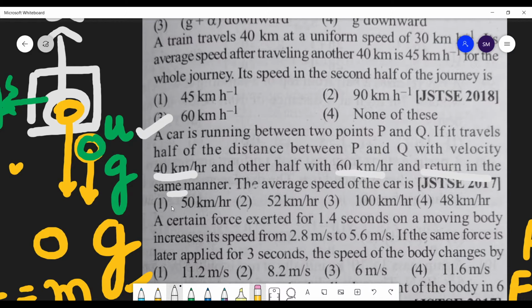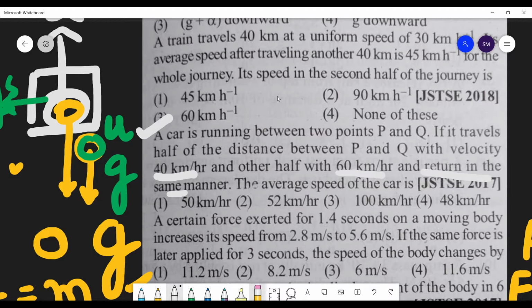Instantly, if the time is the same, if you are traveling 1 hour with 40 km per hour and 1 hour with 60 km per hour, then obviously you will add 40 plus 60 divided by 2 and your answer will be 50.